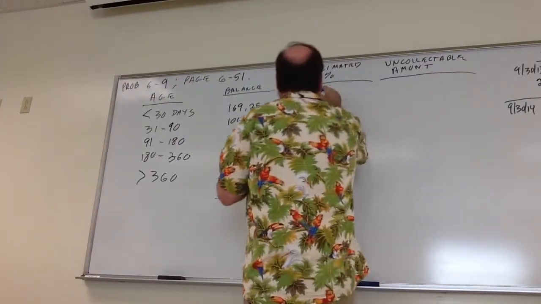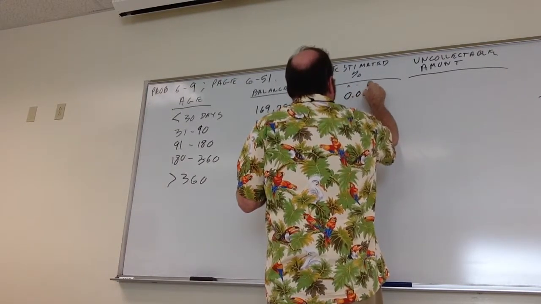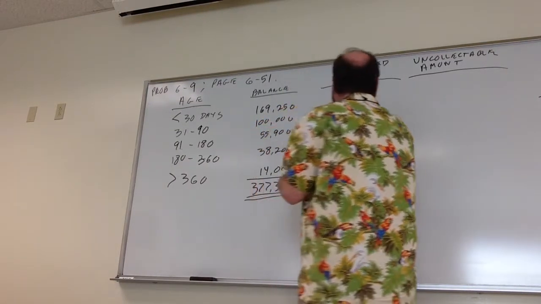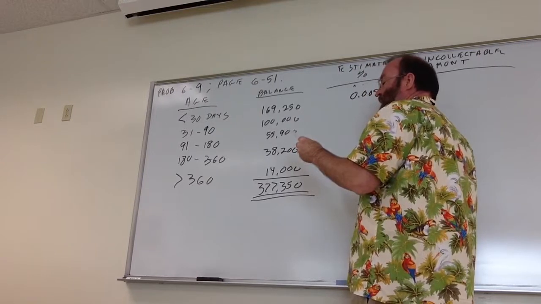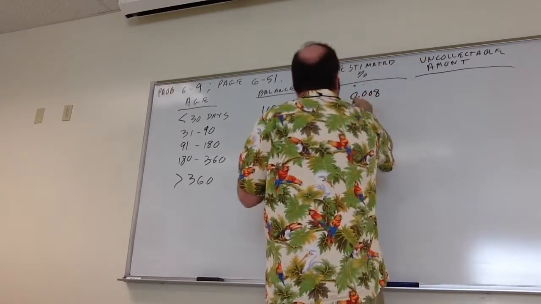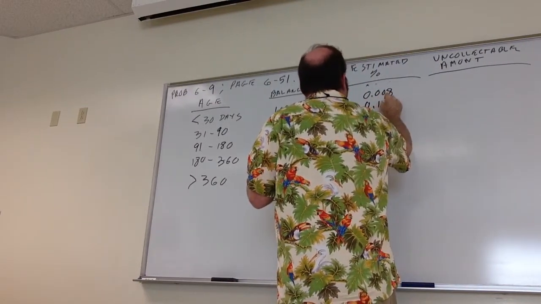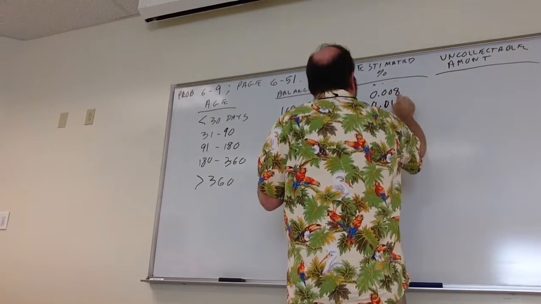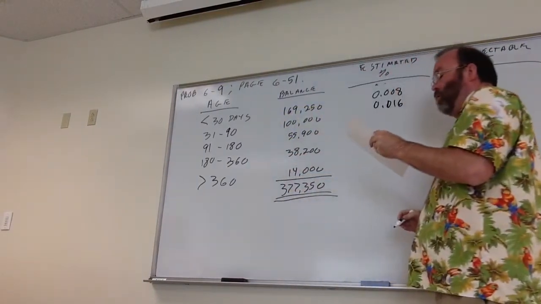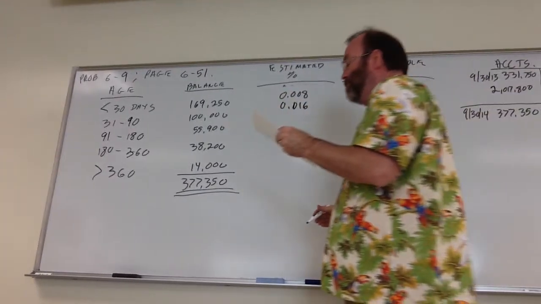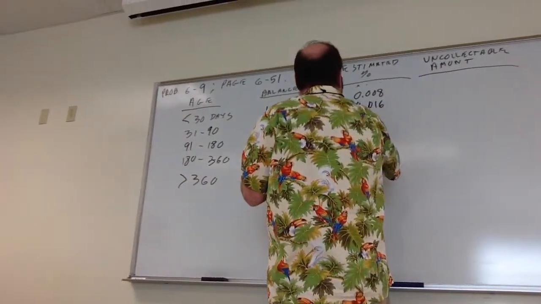So the uncollectible percentages, just like the last problem, 0.8 of 1% for the less than 30. 1.6% for the 31 to 90. And then it jumps to 5%.